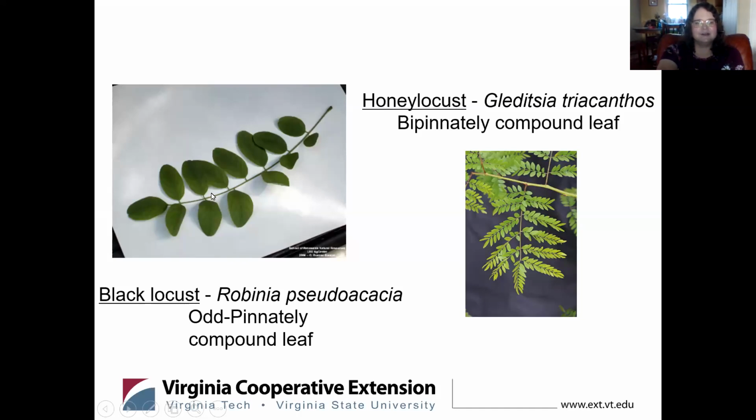This is the rachis going up, and it has no more divisions. So this is a pinnately compound leaf, and our honey locust example on the right-hand side is a bipinnately compound leaf. Very interesting. I always think it's amazing to see this kind of thing.